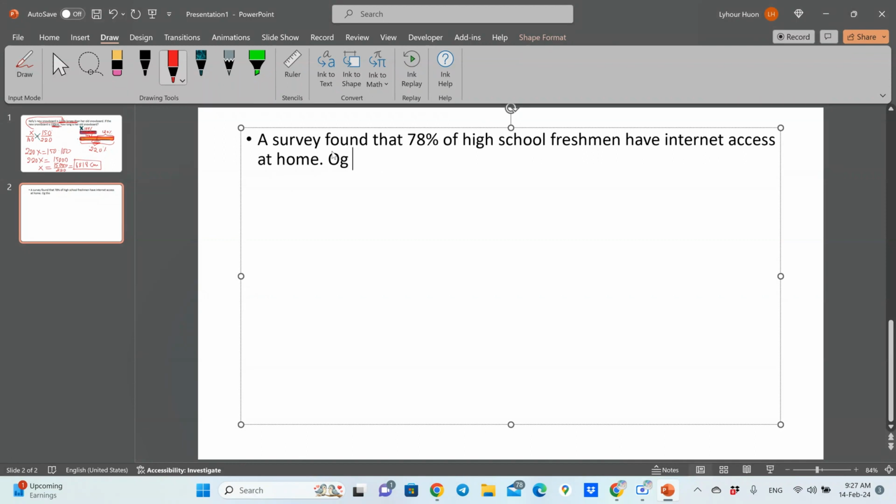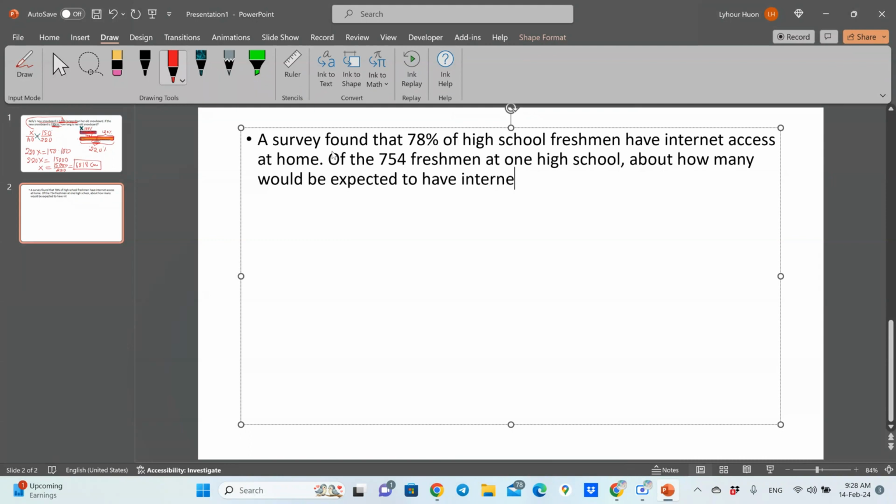Of the 754 freshmen at one high school, about how many would be expected to have internet access at home?